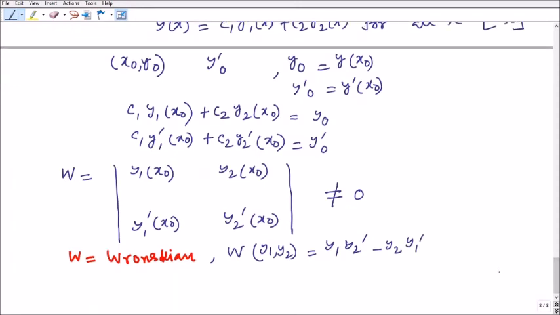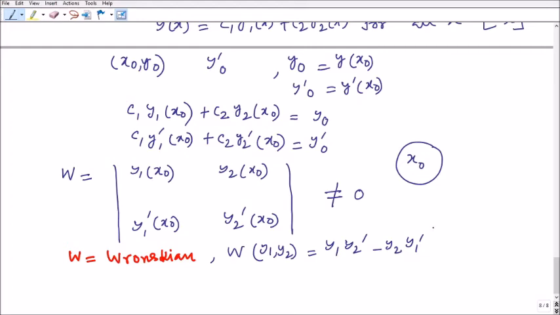So to determine C1 and C2, this W cannot be 0. Now here you see that this determinant is calculated with respect to the point x0.